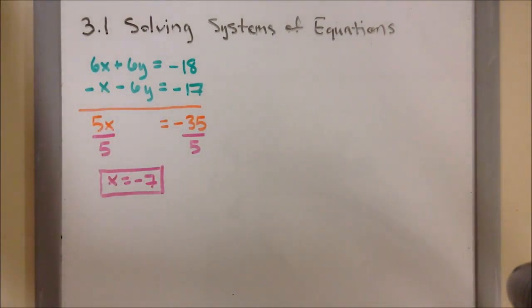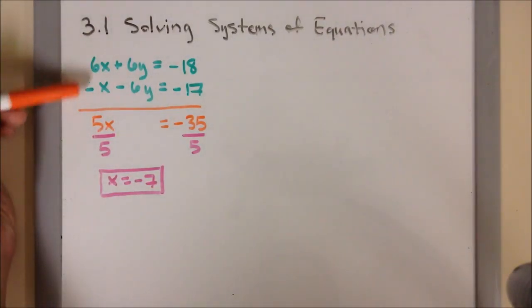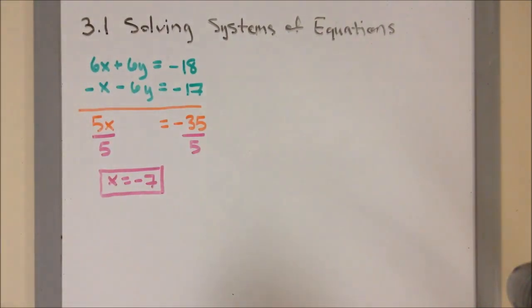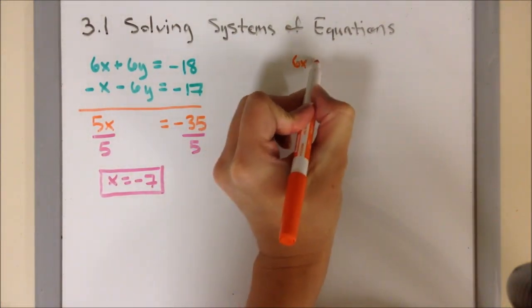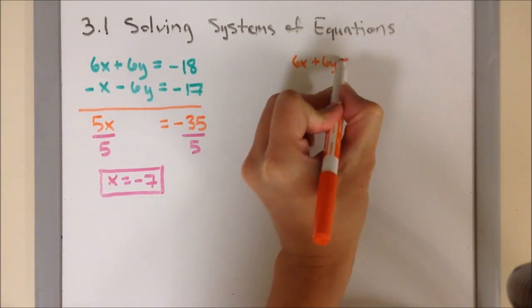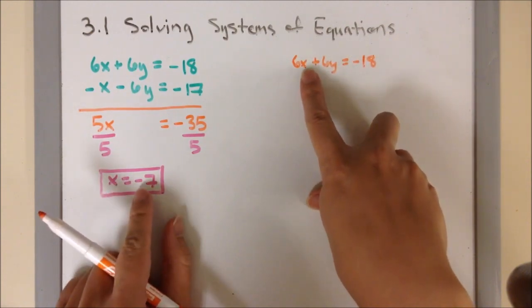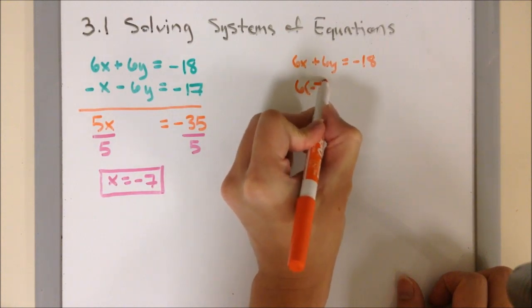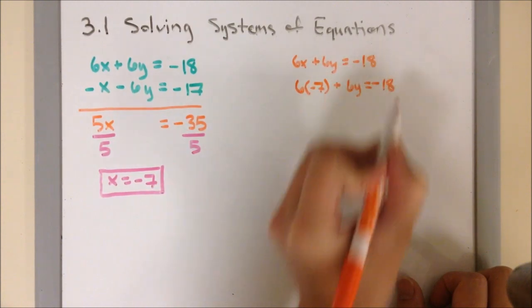Now to solve for the other variable, just like substitution, you can plug it into any of the equations, and it should give you the same answer for y. So let's do the first one. 6x plus 6y equals negative 18. I'm going to plug in the x value, which is negative 7, into this equation. So 6 times negative 7 plus 6y equals negative 18.